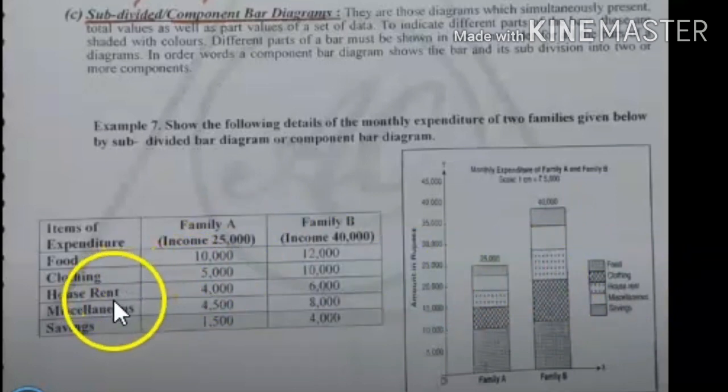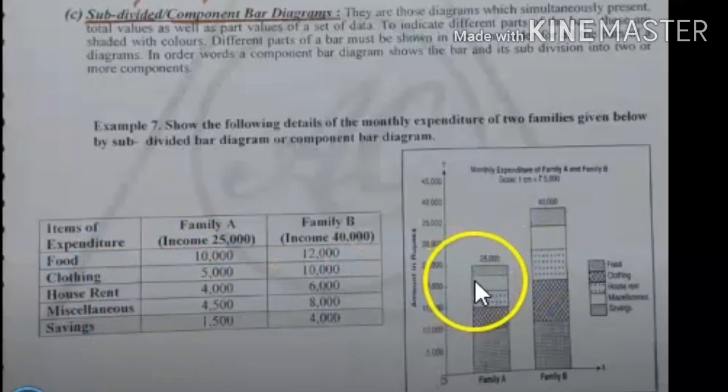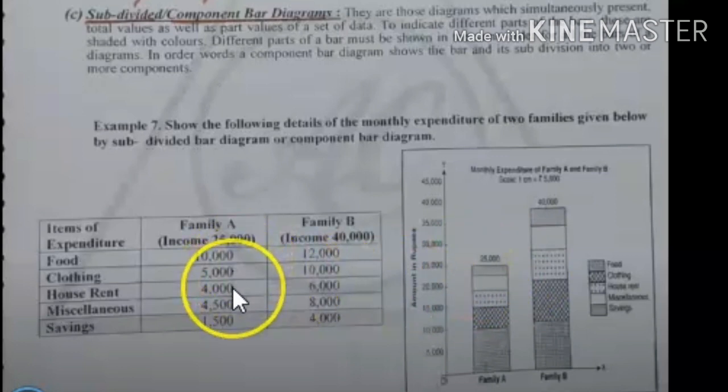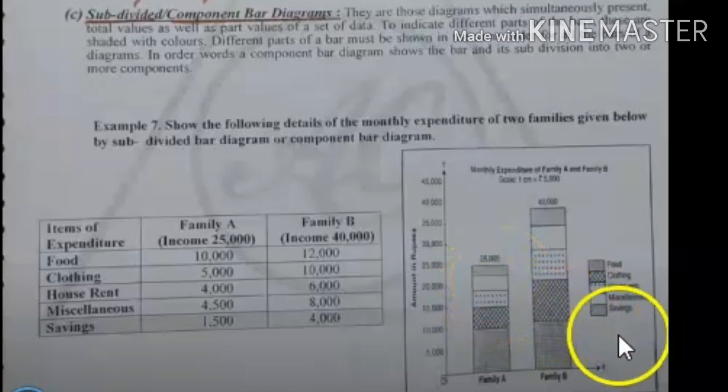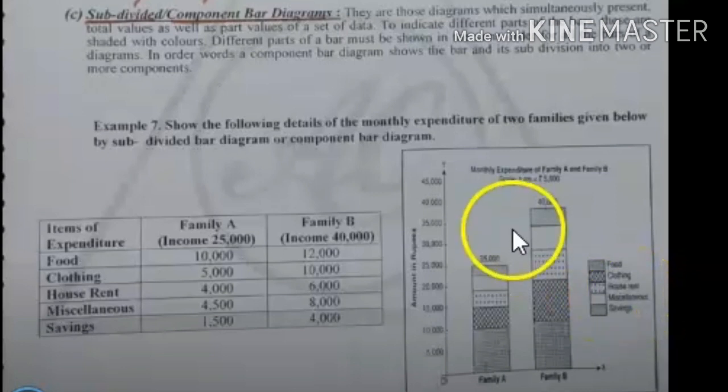Next you can see the 45,000, it's miscellaneous. So it will be just above this. By adding these you get 24,500. Then you have to mark from here 24,500, and it is given as plain, so you can mark plain as miscellaneous.